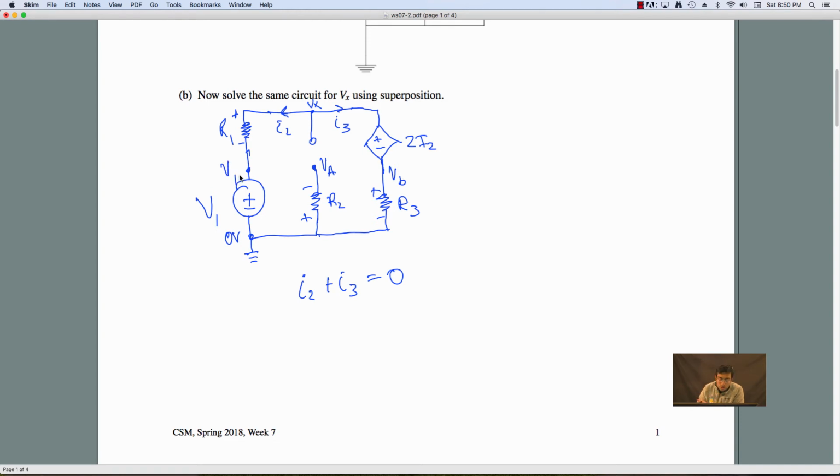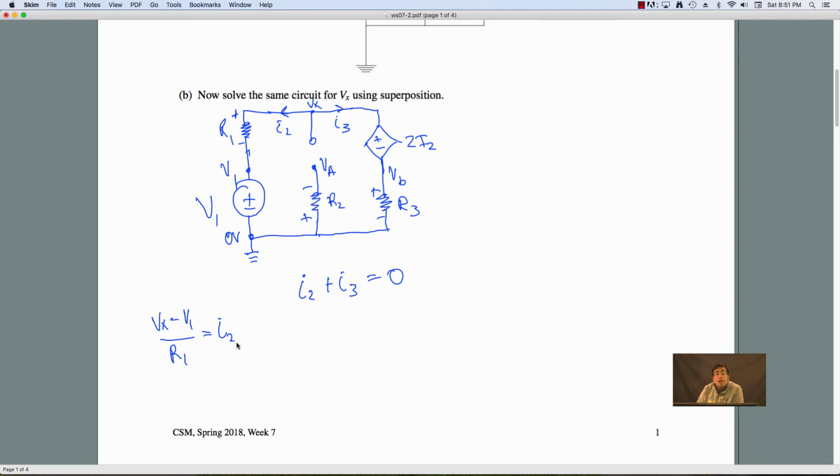So what we can do is now do Ohm's law on R1 and say Vx, which is the potential at the top of the node, minus V1, which is at the bottom of the resistor, over R1 is equal to I2. Cool.